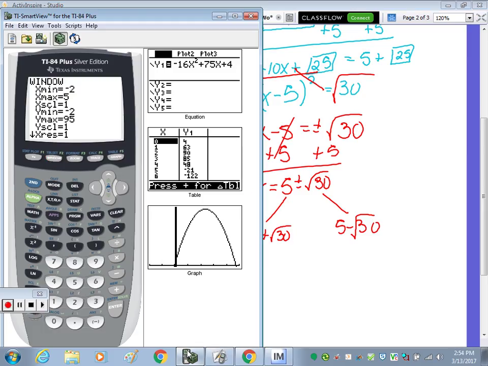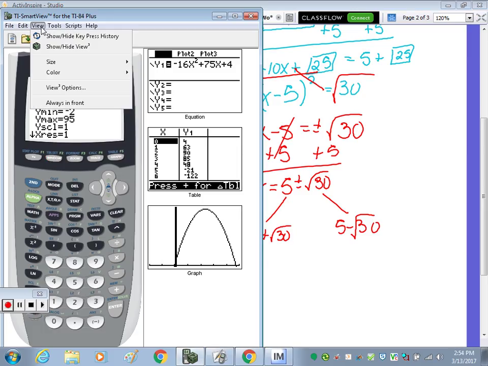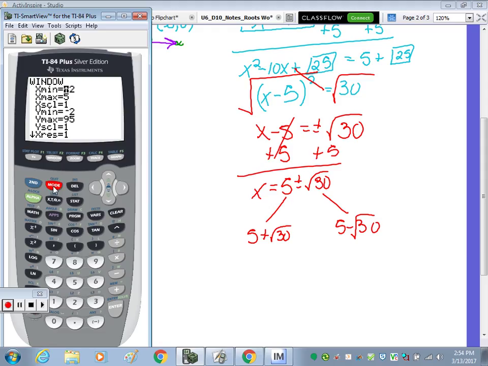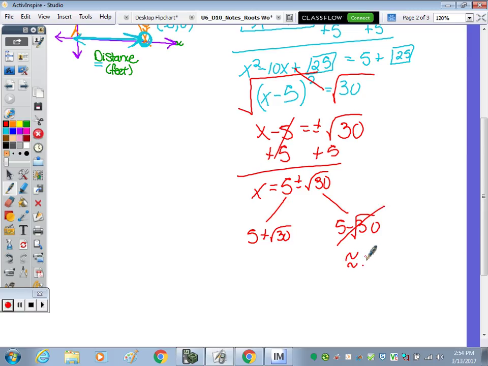So 5 plus radical 30 and 5 minus. This time we're going to round to the nearest tenth, I believe it says. Which one do we reject? Yep. So 5 minus is about negative 0.5, which we're going to reject.